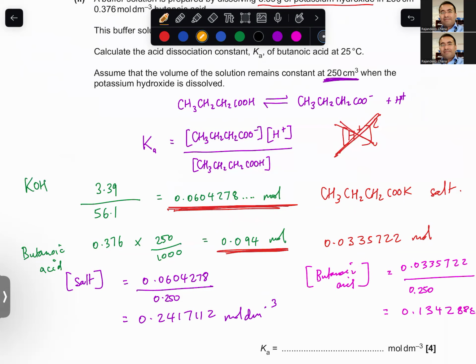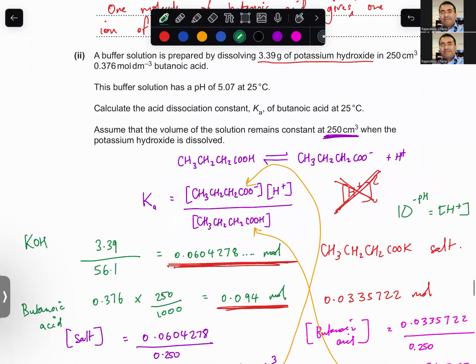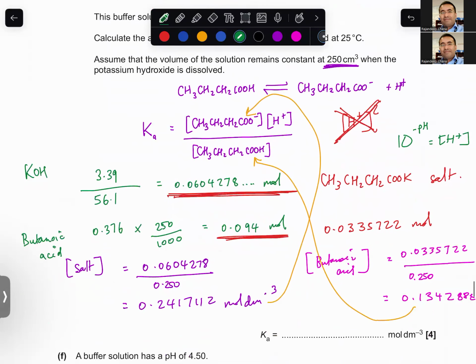So now we've got this concentration will be here. This concentration is of the weak acid. And for the H+, the H+ concentration is going to be 10 to the power of minus pH is equal to the H+ concentration. And they've given you the pH in this question is 5.07. So this here will be 10 to the power of minus 5.07. That goes in here.